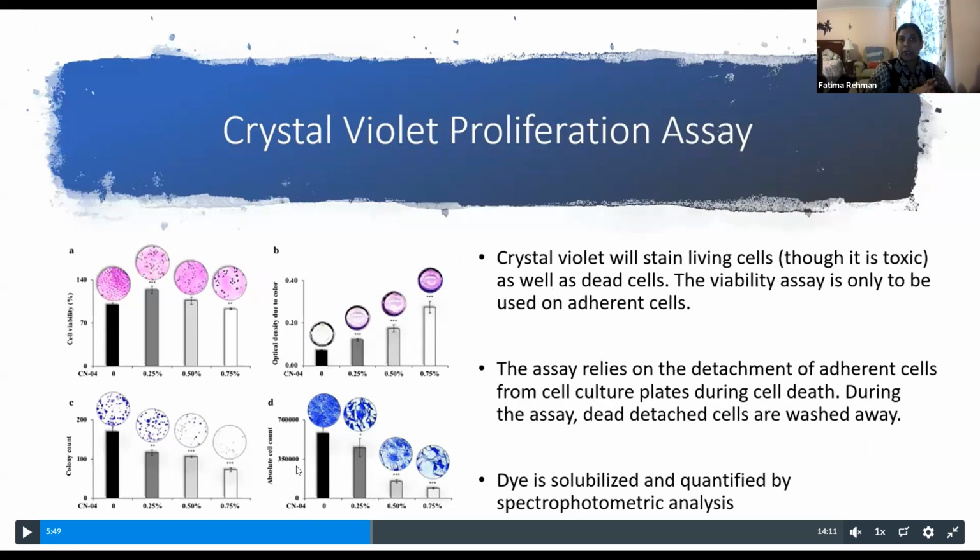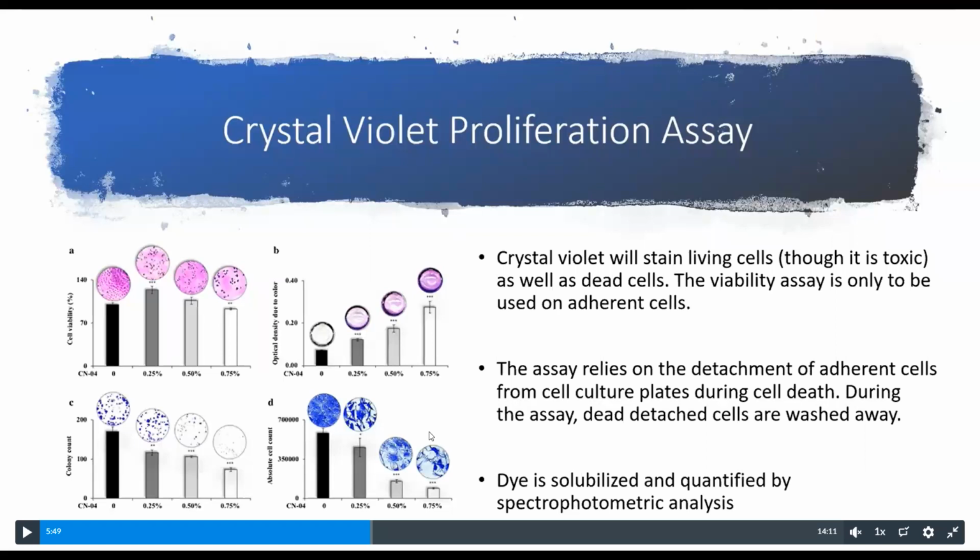However, to do that, what you need to do is first make a standard curve where you take different known numbers of cells in a plate, stain them with crystal violet, and create a curve with crystal violet absorbance on the y-axis and the cell number on the x-axis, which would be a standard curve to compare against.